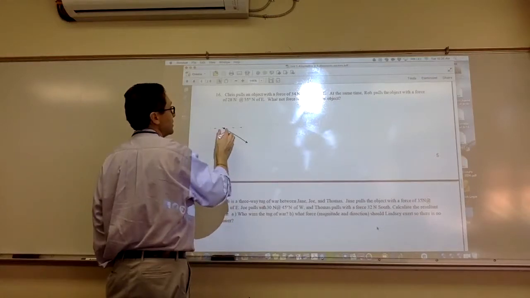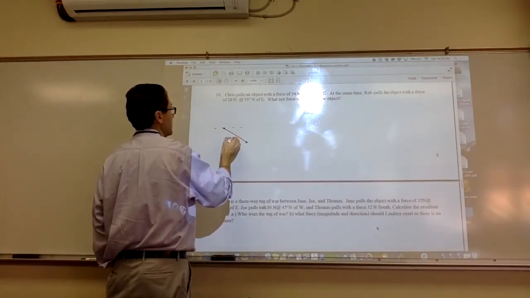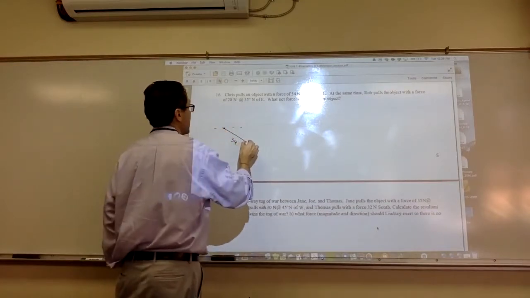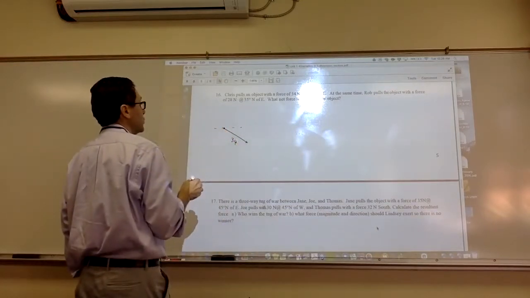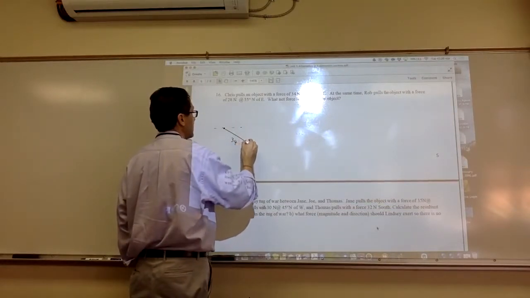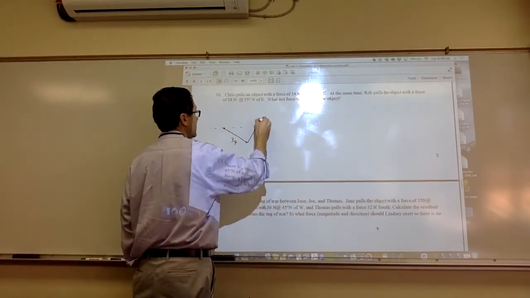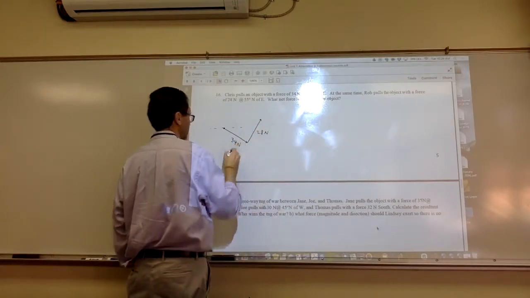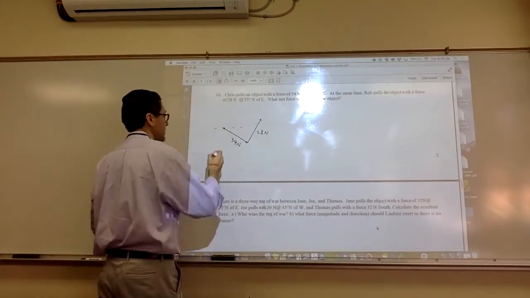I'm going to try to do this to scale as much as I can. So this is 34, and this angle here is 20. Then I come to the head here, and I do 28 newtons at 55, so it's a sharper angle. I'm just going to say that's 28 newtons. My resultant is right here.